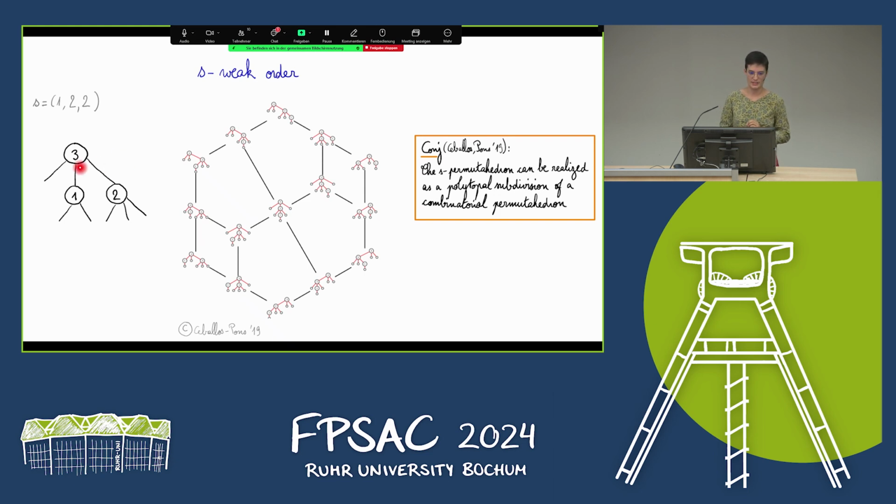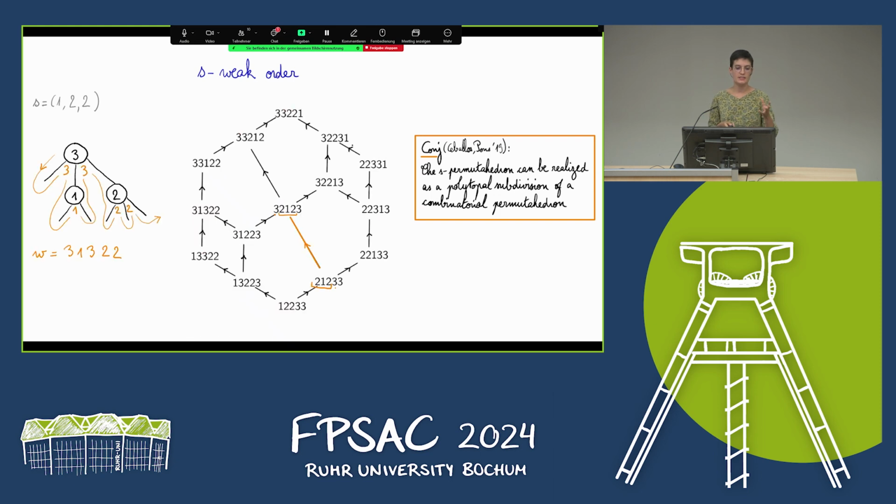So for example, here the node 1 has 2 children, and nodes 2 and 3 have 3 children. Here is the set of all (1, 2, 2)-decreasing trees, and Ceballos and Pons put a poset structure on these s-decreasing trees with a certain rotation operation that I will not detail because it is easier to see in this other setting, valid when s has no zeros.